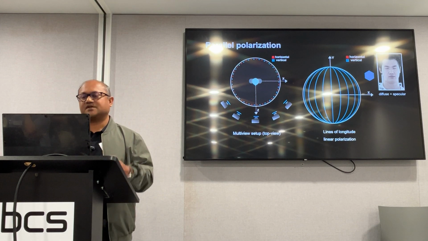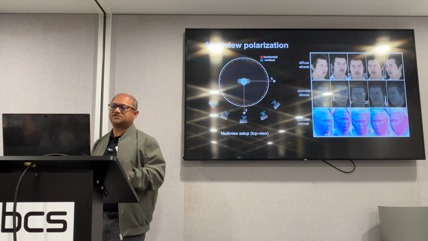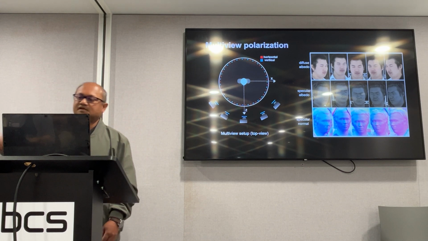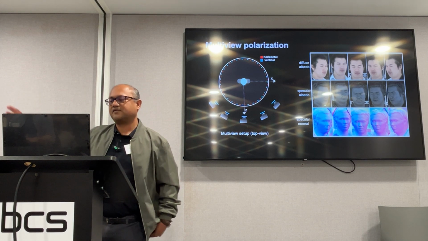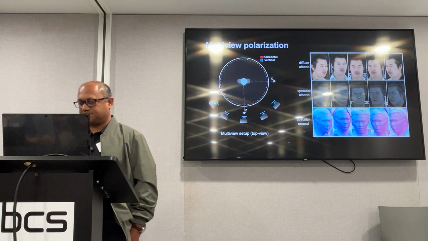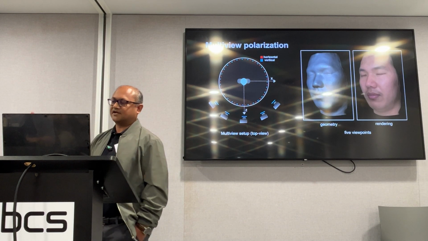Then in software, you can just do A minus B, and you can do that for any lighting conditions, not just the full-on, but also the gradients, and you get multi-view, high-quality, diffuse-specular separated photometric normals and albedo maps, which, back in this SIGGRAPH Asia paper, we applied to 3D facial reconstruction and rendering.